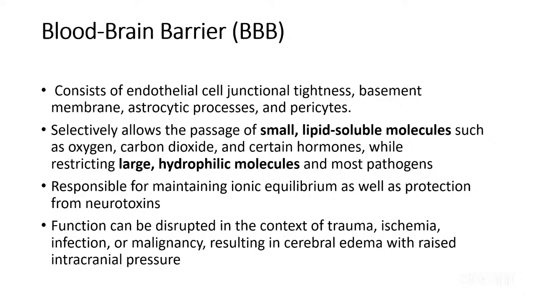It selectively allows passage of small lipid-soluble molecules such as oxygen, carbon dioxide, and certain hormones, but restricts large hydrophilic molecules and most pathogens. It is responsible for maintaining ionic equilibrium as well as protection from neurotoxins. Its function can be disrupted in the context of trauma, ischemia, and malignancy, and that can lead to cerebral edema and high intracranial pressure.